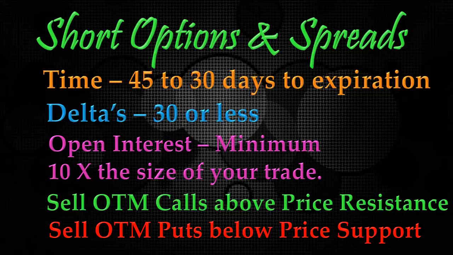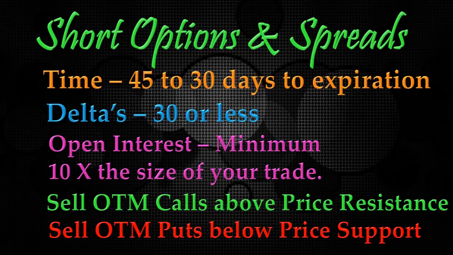Okay. So here again on the sell short options and spreads, we're going to look for open interest minimum 10 times. Again, if you're trading something that is very illiquid, just plan on getting your head handed to you. And we're going to sell out of the money calls above price resistance. We want to get above that price resistance.